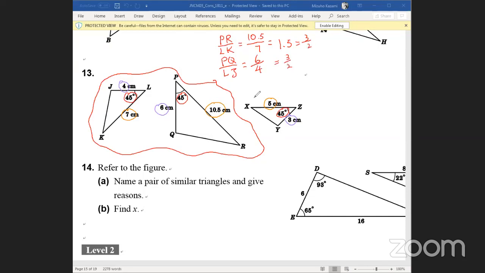Therefore, they are equal, and the included angles are equal. But we need to make sure that we pair up the angles correctly. This P corresponds to L. And then if I follow the shorter side, it should be Q.